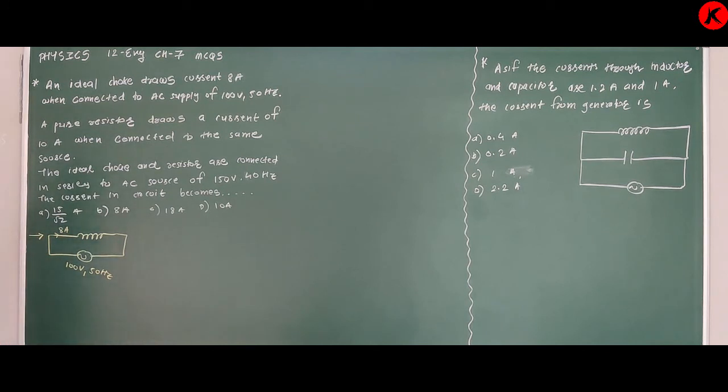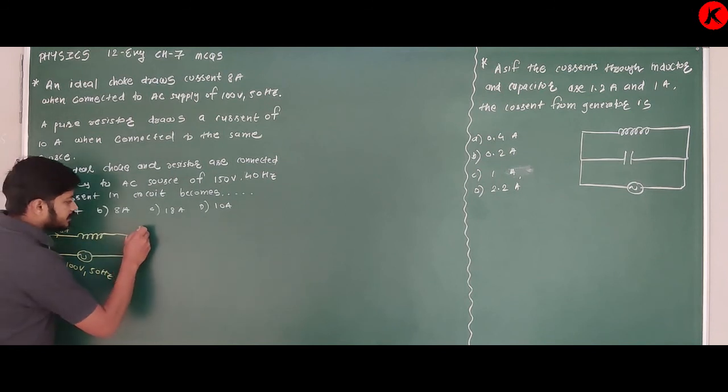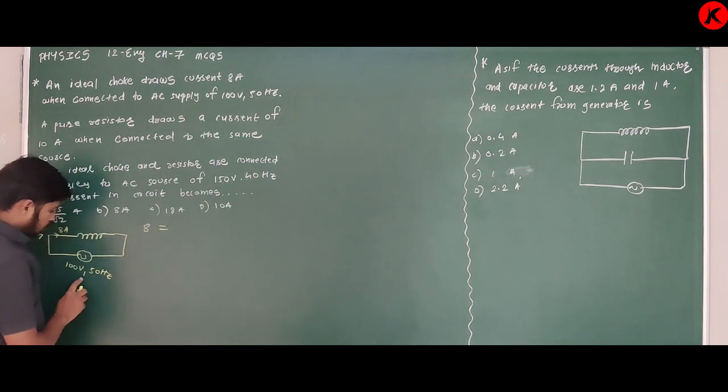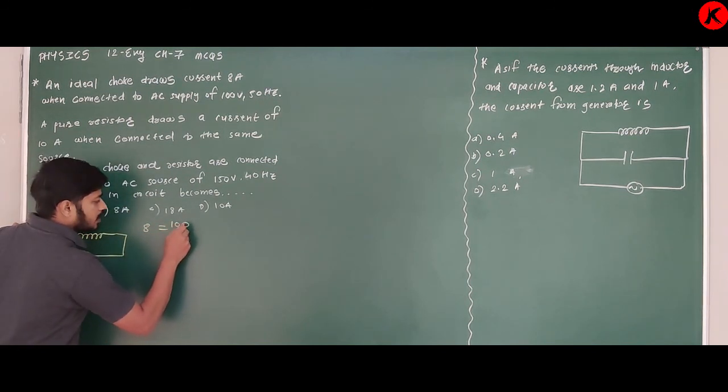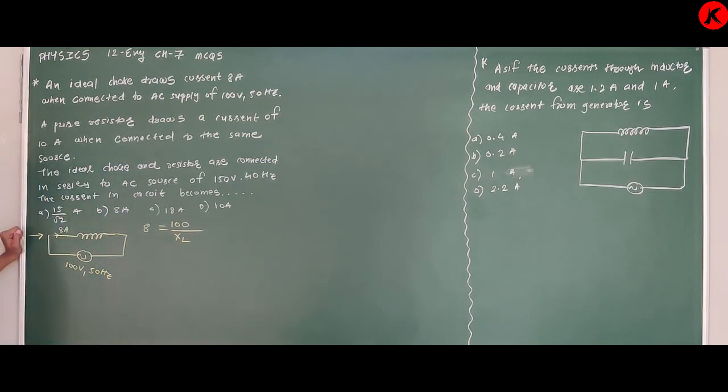So from this data, what can we write? It is an inductor, and for an inductor we can say current is equal to voltage, that is 100 volt, upon XL.